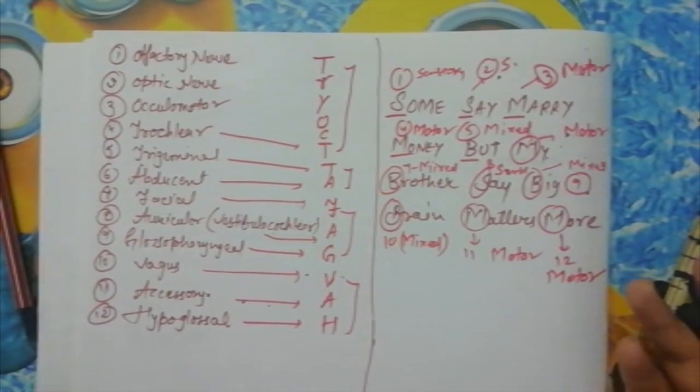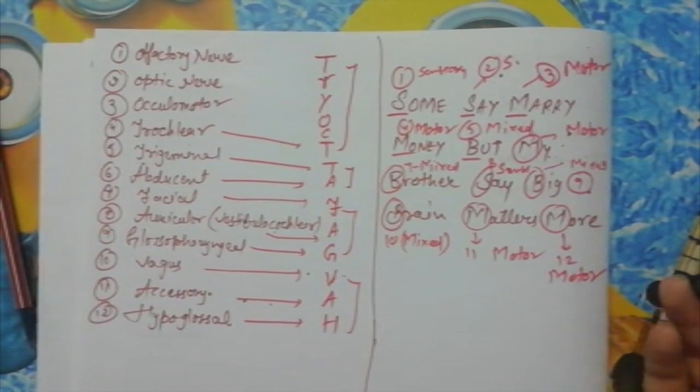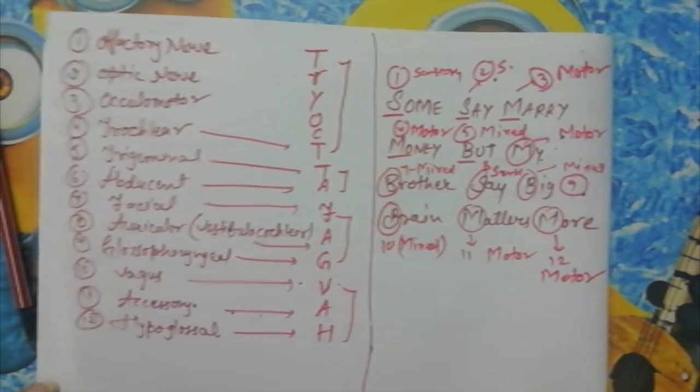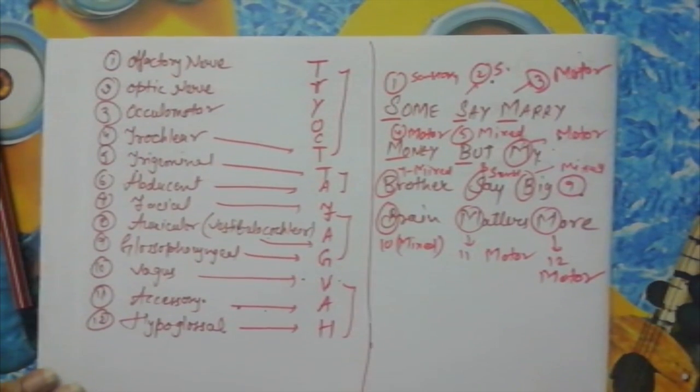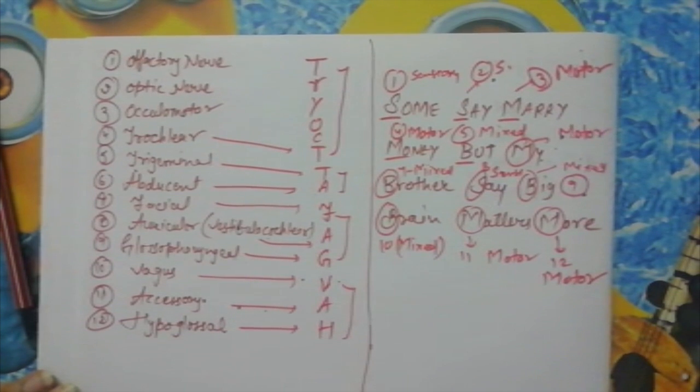This is the way to remember the type of the cranial nerves.